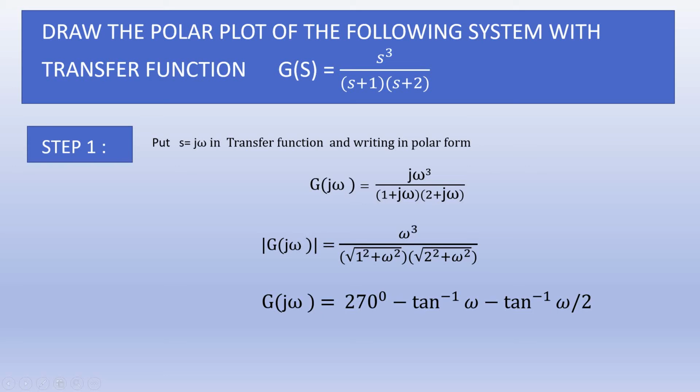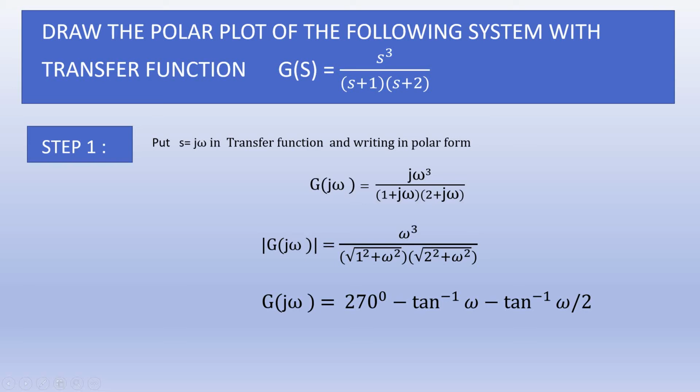We have three of them, so we can write the angle in the numerator as positive because it is in the numerator, and the denominator angle would be subtracted from the numerator angle in order to find the angle of division of complex numbers. So we have three repeated terms, each having an angle of 90 degrees. So we can add the angles, thereby giving us 270 degrees as the numerator's angle.